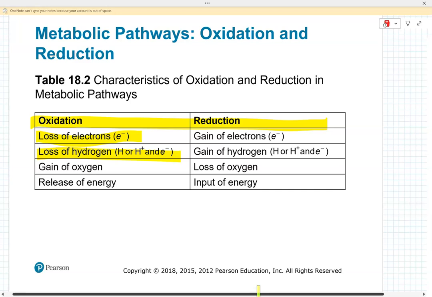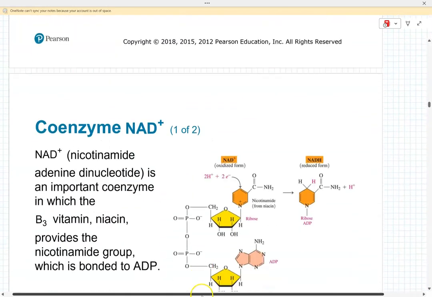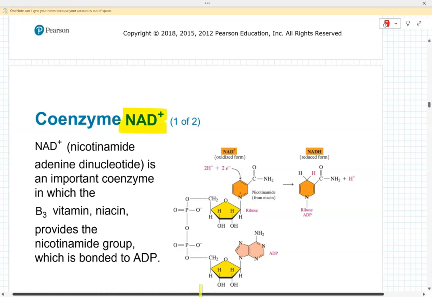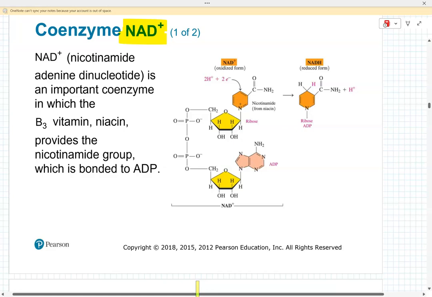So it's not a problem to carry electrons in the engine because everything is mixed, but in the cell, you can have one reaction like here and another reaction there. So you have to carry those electrons and hydrogens from one place to another. This is the function of NAD+. It sometimes is called an electron carrier. Think of it as a taxi for electrons. So NAD+ is called an oxidized form.